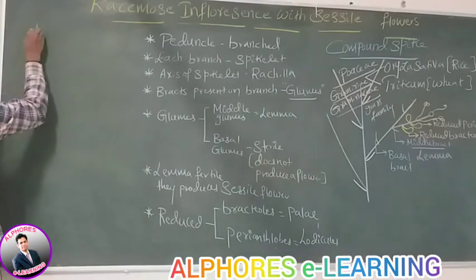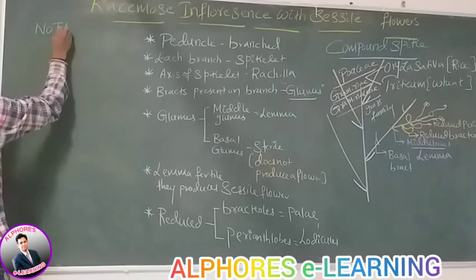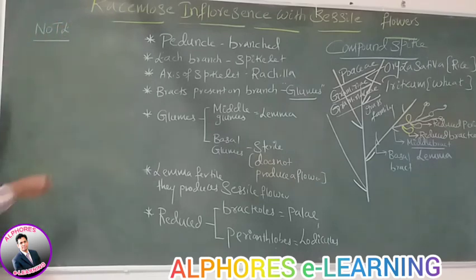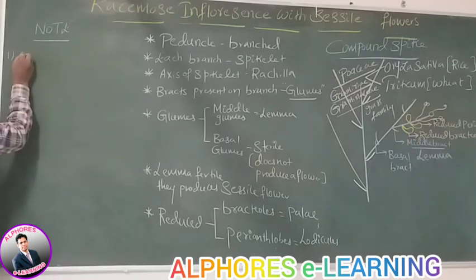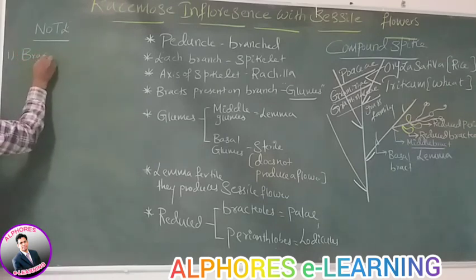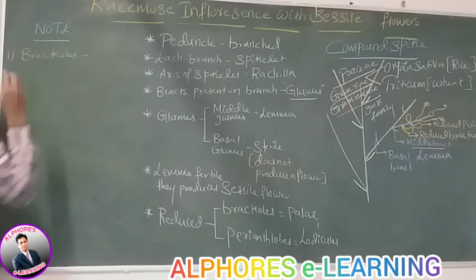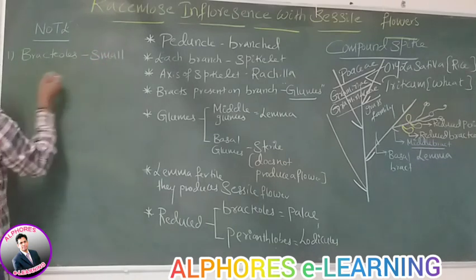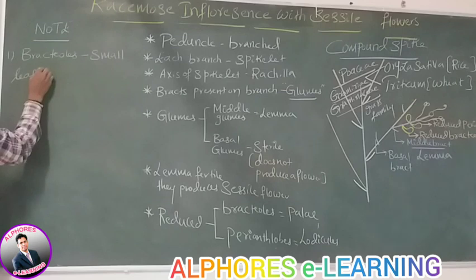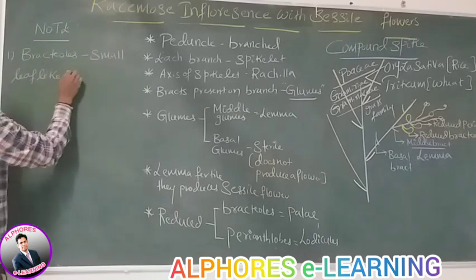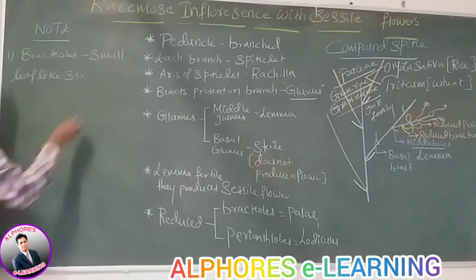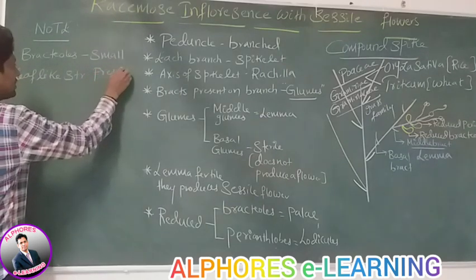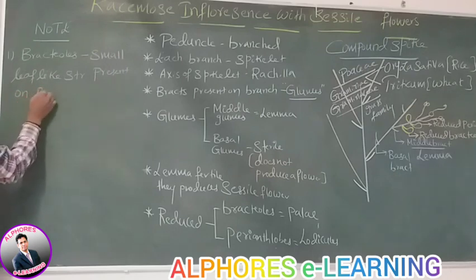Note. Number 1. What is the meaning of bracteoles? Bracteoles are small leaf-like structures present on the pedicel.